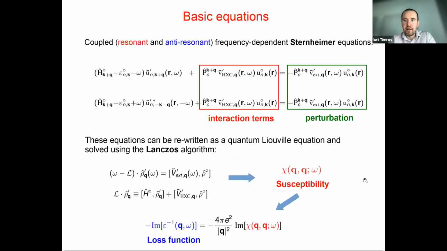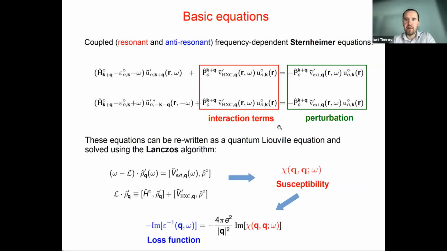Okay, this is the recap from the lecture. Maybe we can skip it in the interest of time. Just in the red box, we highlight interaction terms, which are included. We don't do the independent particle approximation that Oscar showed for molecules. So we directly go to the complicated, fully interacting case.